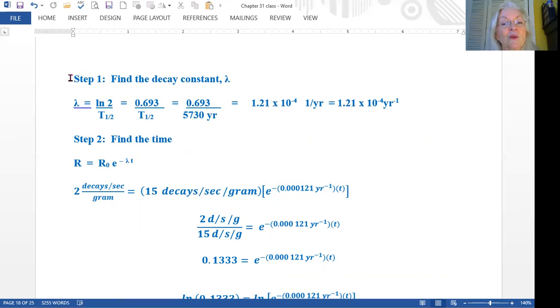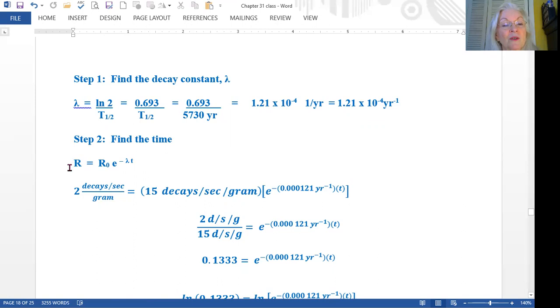It'll equal 0.693 over 5,730 years, which is 1.21 times 10 to the minus fourth years to the minus 1. Remember that since years is in the denominator, 1 over years is the same as years raised to the minus 1 power. And now we can find the time.